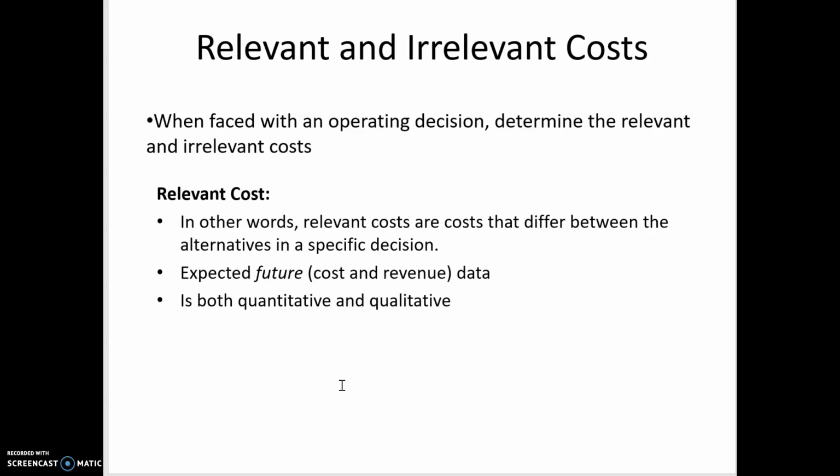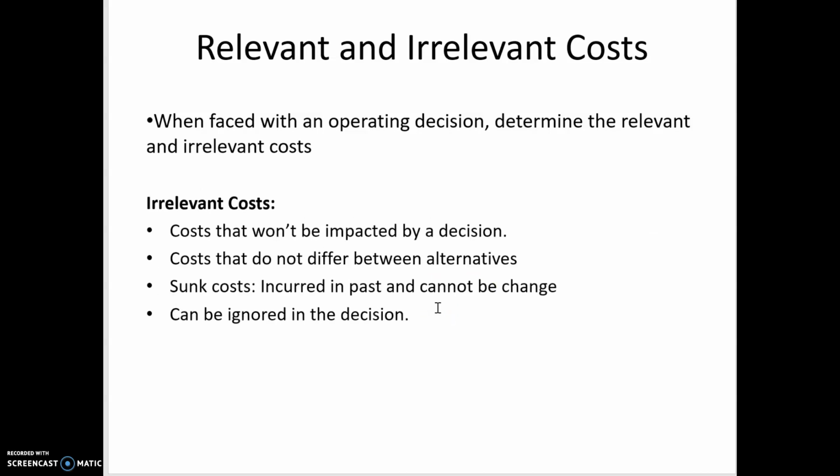We're only looking at the costs that are going to be different between the courses of action. So we're going to be projecting future costs and future revenue, but in addition to considering the numbers, the quantitative data, we also want to look at some qualitative factors, the things that don't have anything to do with the numbers.